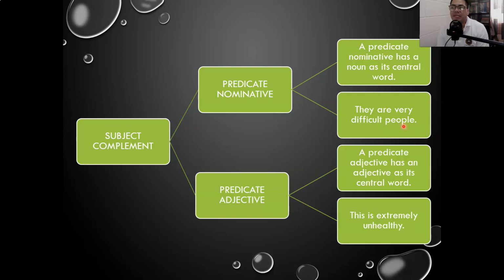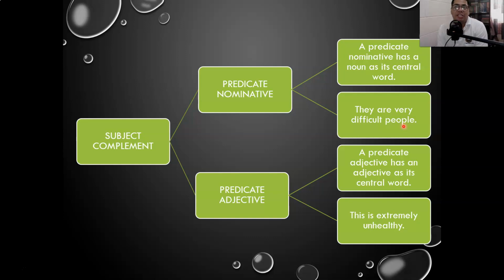Barack Obama was what? A great president of the United States. Who was a great president of the United States? Barack Obama. They are the same person. So the predicate nominative actually renames the subject.